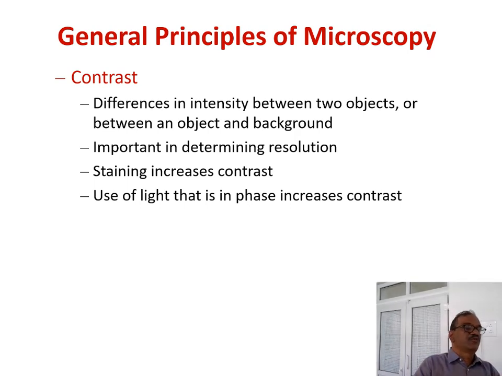Besides that, you can stain with different dyes. Whatever you have seen, all the TS of root or stem or bacteria, everything is stained in different colors so that you can easily observe it. From a white background, you are observing a blue colored or green colored one, so it is possible to see how contrasting they are.